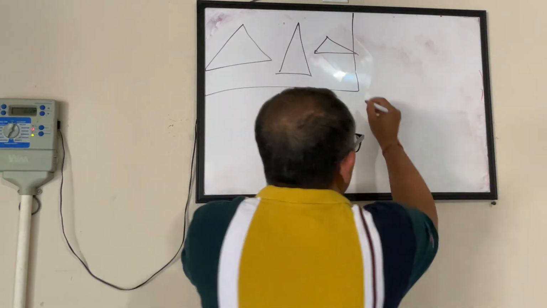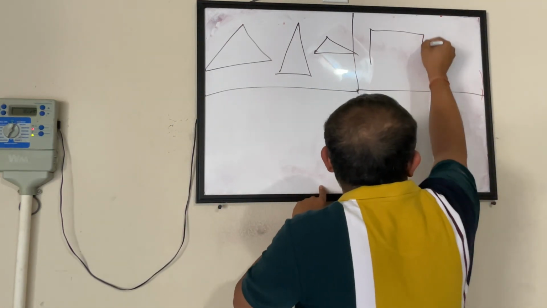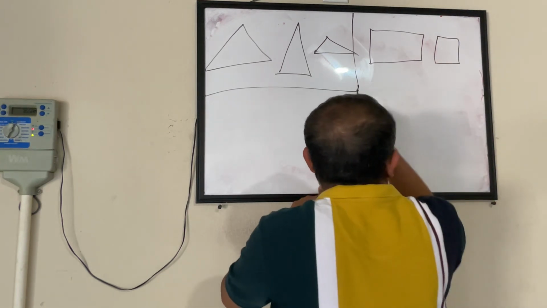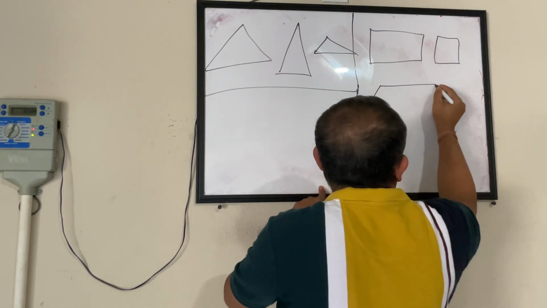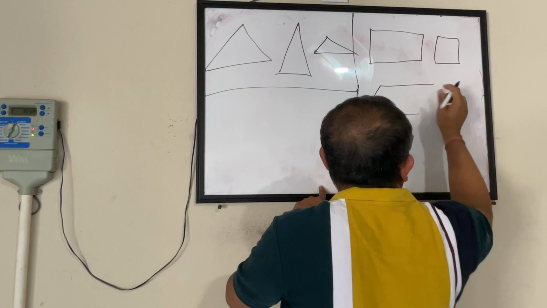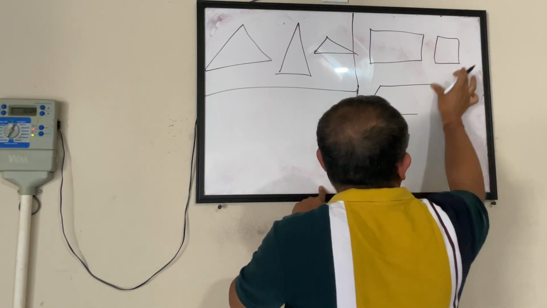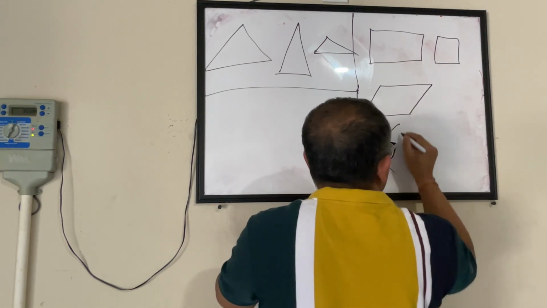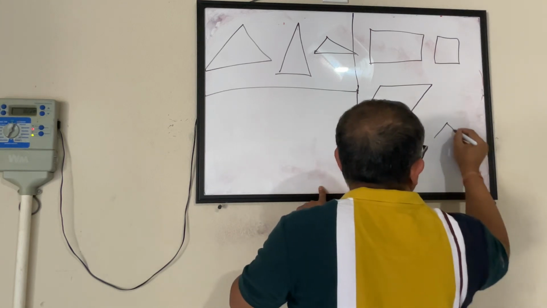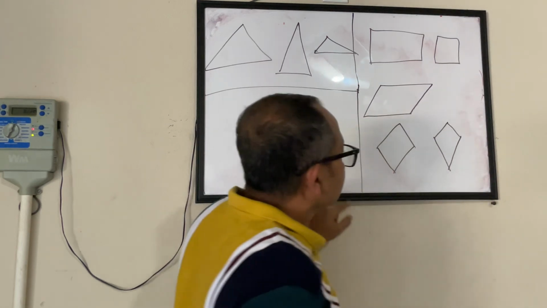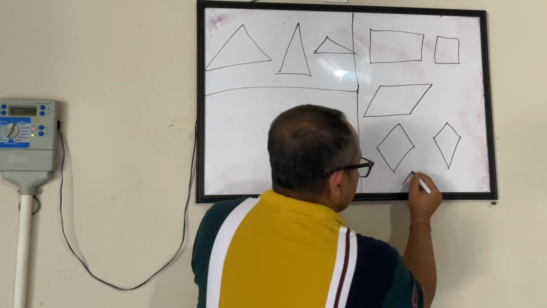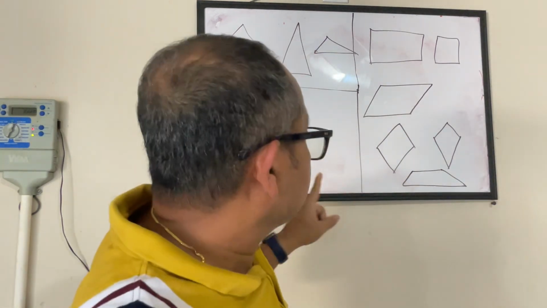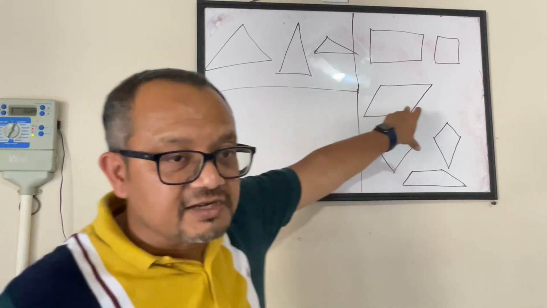Then we are talking about quadrilaterals. Now if you look at the screen, these are triangles, these are the quadrilaterals.